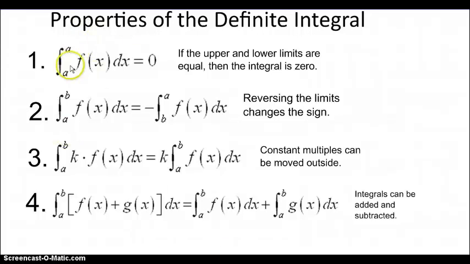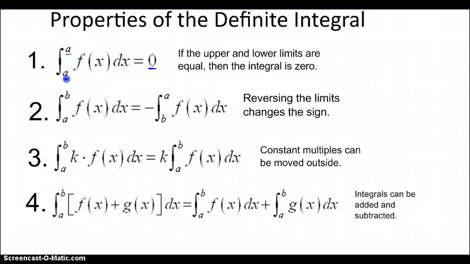The first one says the integral from a up to a of any function f of x with respect to x will always be 0. If we think about that, remember this says to start at a, add up the area of all the rectangles over this x interval, infinitely many of them, to get the exact area in the plane.